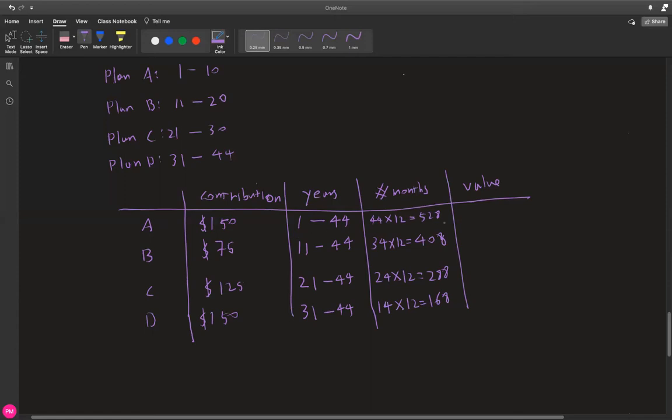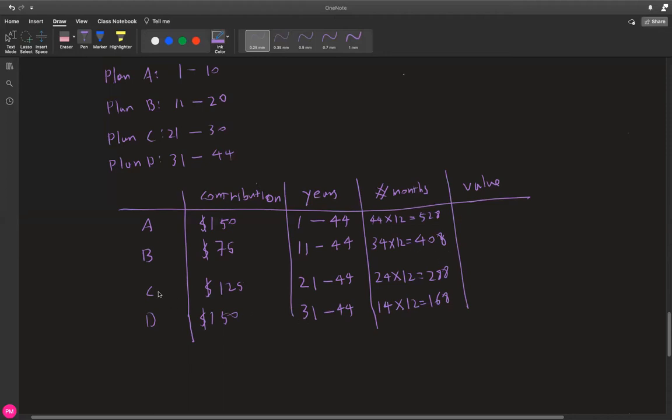So in other words, for 528 months. And your plan B kicks in. You're now starting a new plan of $75 from the 11th year. And that goes on for 408 months.